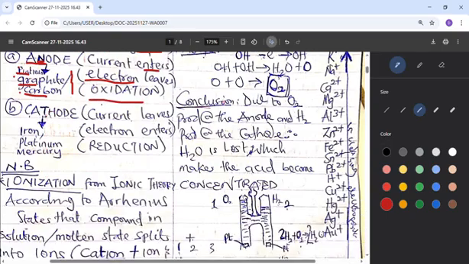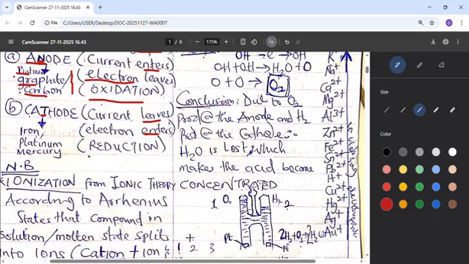Now cathode, you can use letter T to remember out, out, out, meaning that this is where current leaves. That means where it will go out. So at this cathode, electron will now enter. Once current is leaving, the electron that was forced out, it means there will be a return of electron.